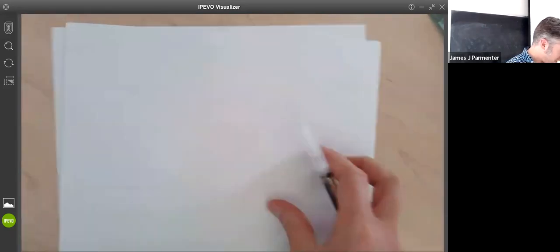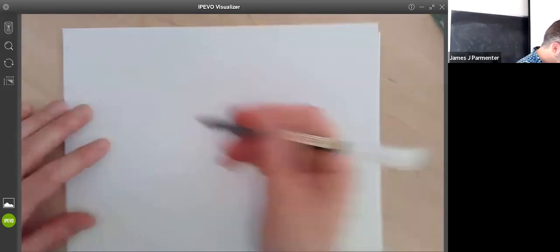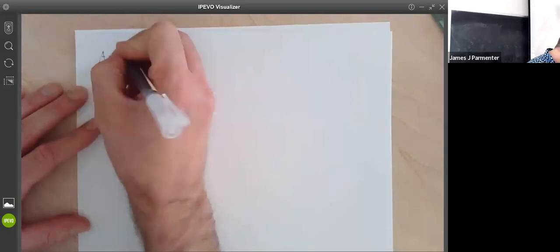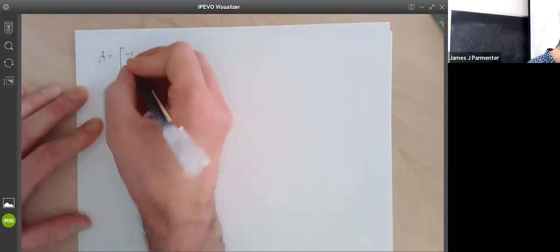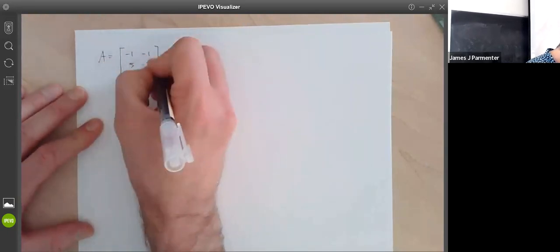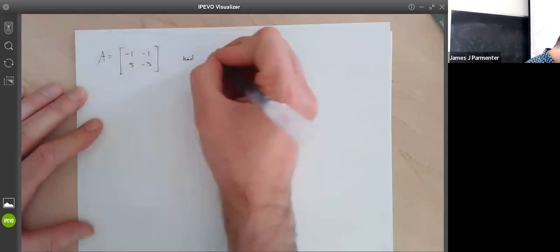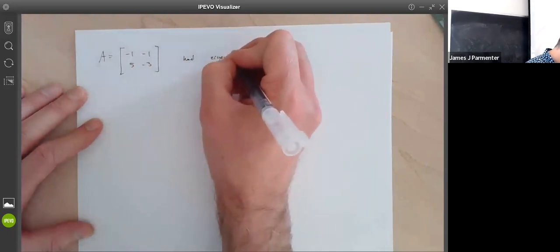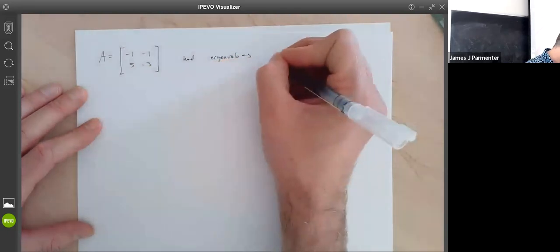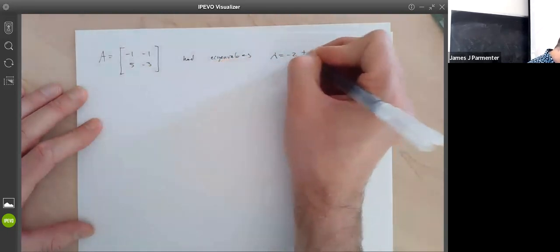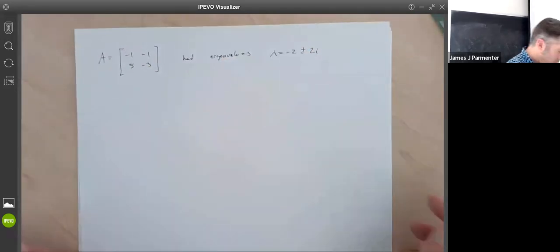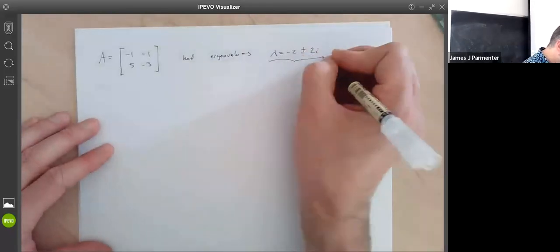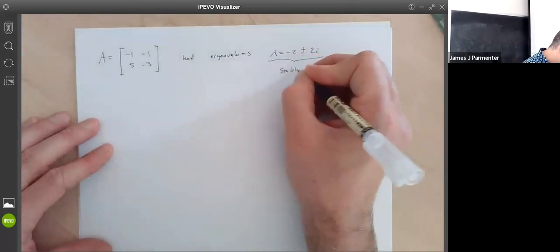We saw before that this matrix, -1, -1, 5, -3, had eigenvalues that were -2 plus or minus 2i, which told us that it was a stable spiral.